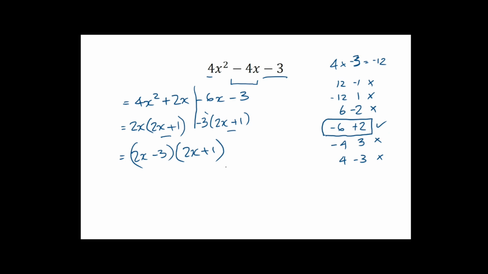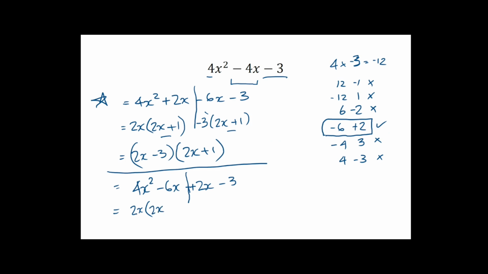Okay, for a moment, let's say we did it the other way around at this step here, and we had a -6, so we had 4x squared minus 6x plus 2x minus 3. We factorized those two first. Do these have a common factor? Yep, they have a common factor of 2x, and 2x times what is 4x squared? Well, 2x. 2x times what gives us -6x?